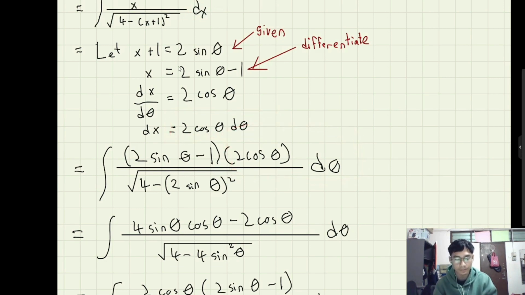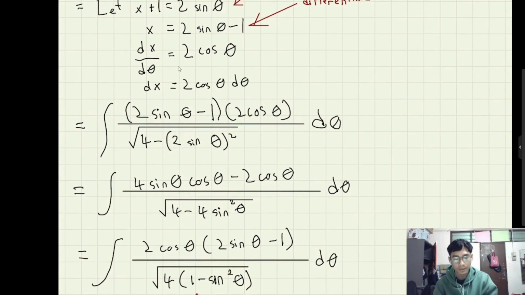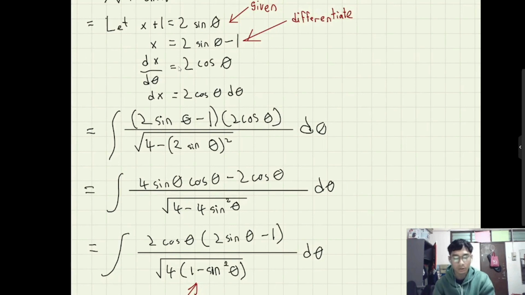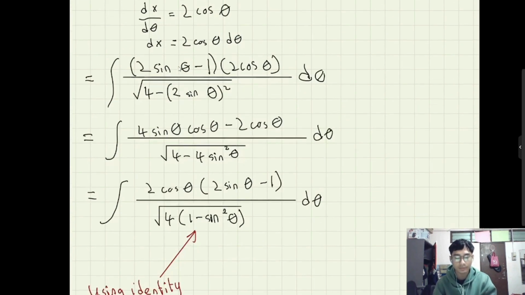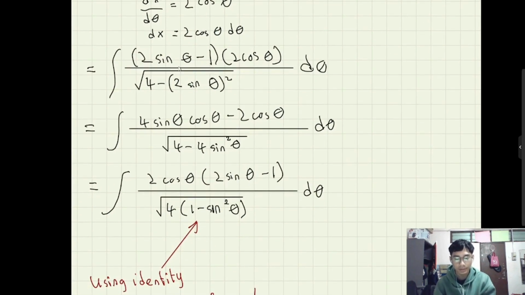Put it inside, and we know that x plus 1 is equal to 2 sin theta, so we substitute it into this equation. After all the substitutions have been put into the equation, we simplify it, and then we get this.